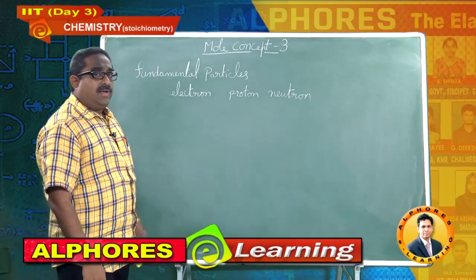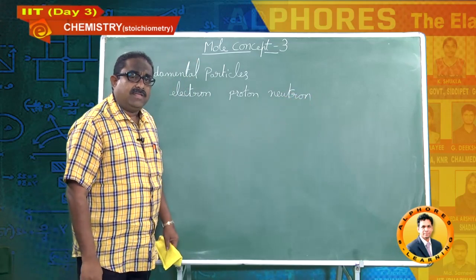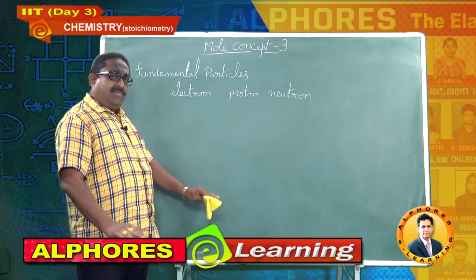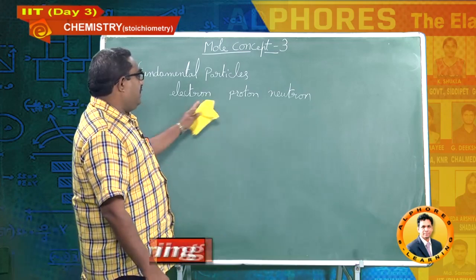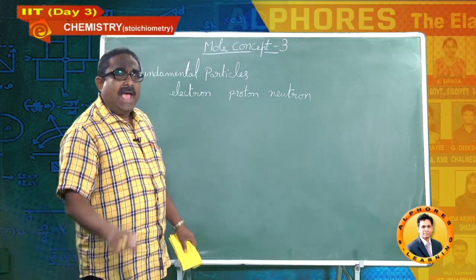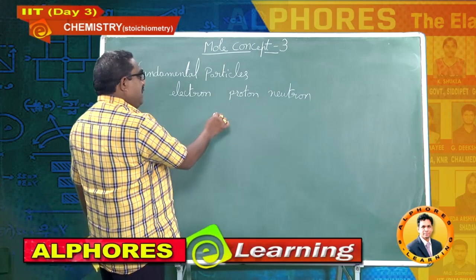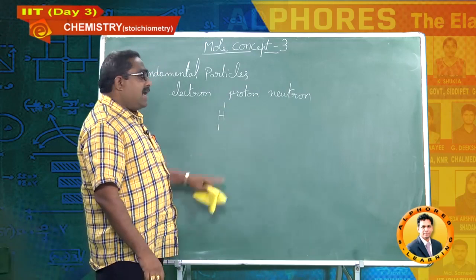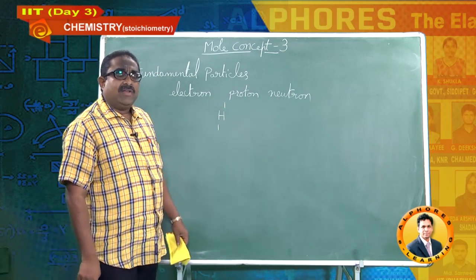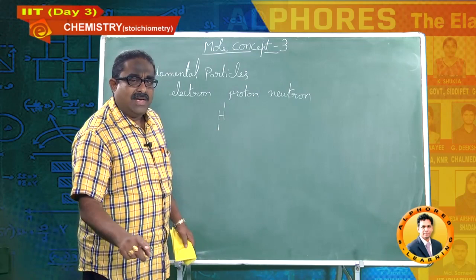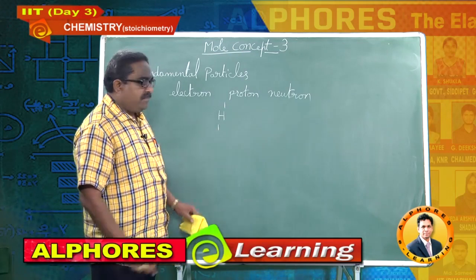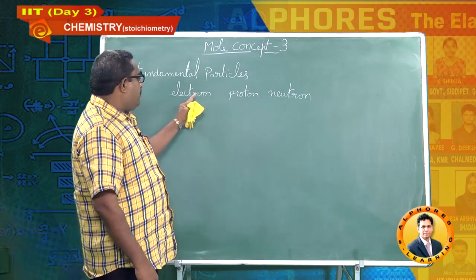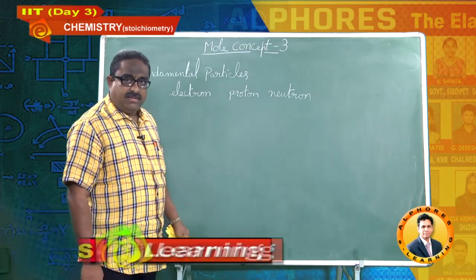All these three together are called fundamental particles, because almost all the atoms of all the elements possess these three particles as common, except only one isotope of hydrogen, that is normal hydrogen, which contains only one proton and one electron, and there are no neutrons. So, this is about the introductory part of fundamental particles.